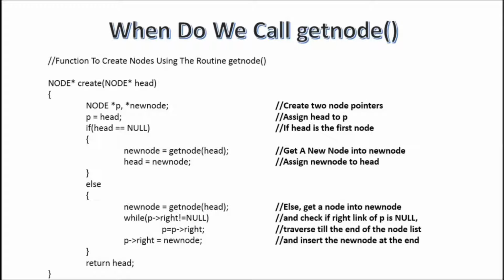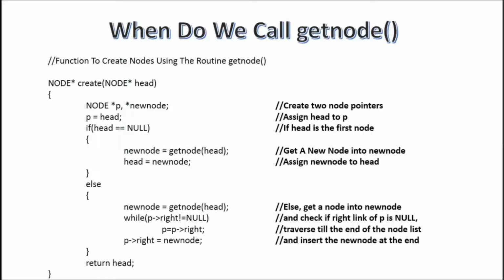What we're going to receive as the argument is the node pointer head, and that will be assigned to P. P is a node pointer that we just created, and we check the nullity of the head we received. If head equals null, we say new node is equal to getnode of head, head equals new node.